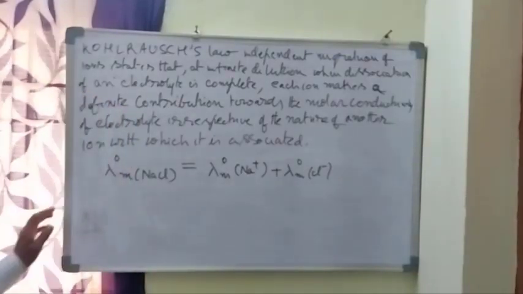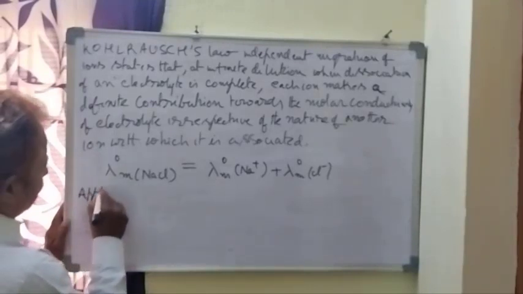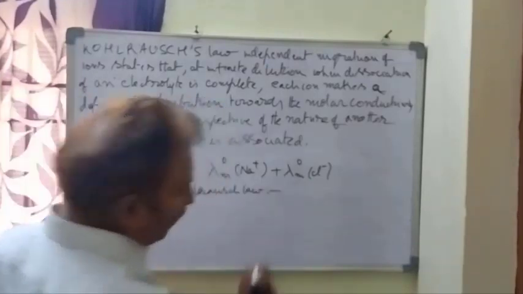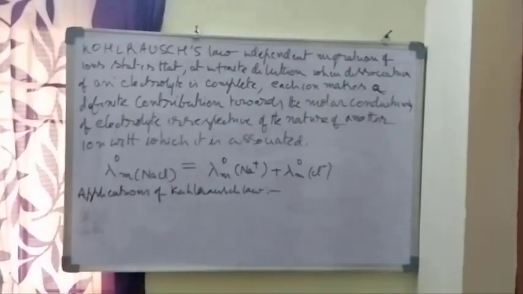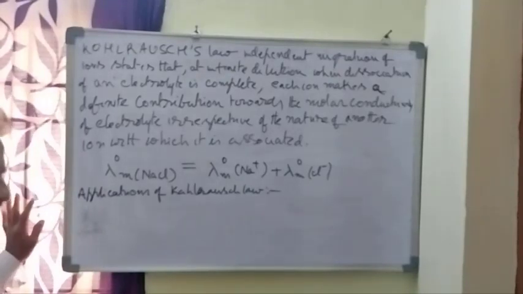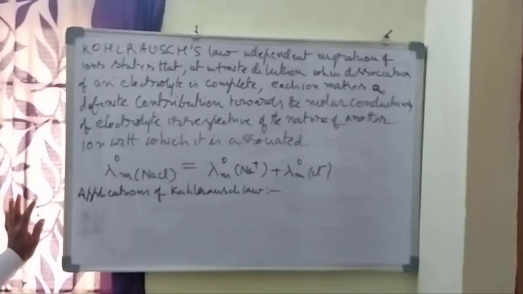So now let us see the applications of Kohlrausch law. As we just discussed, the limiting molar conductivity, that is lambda m naught, of weak electrolytes cannot be found directly by using the graph.